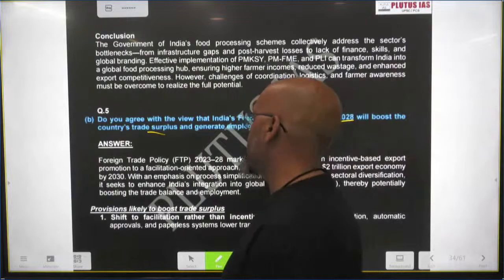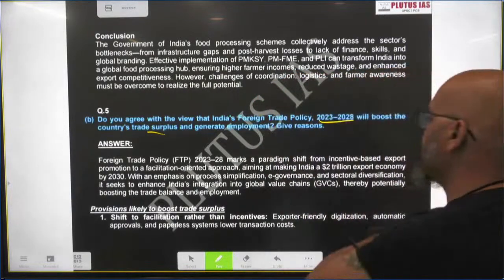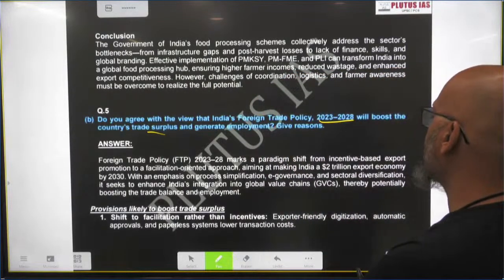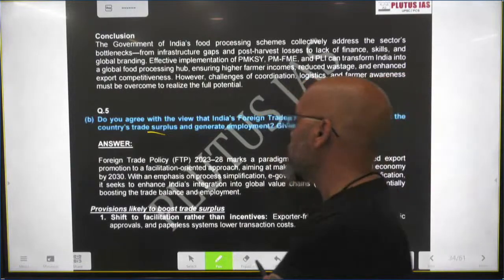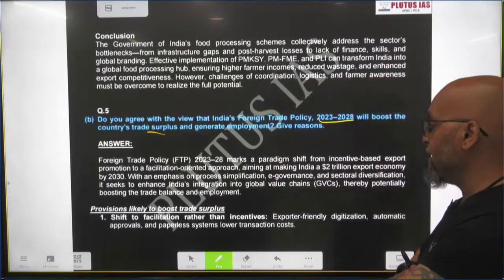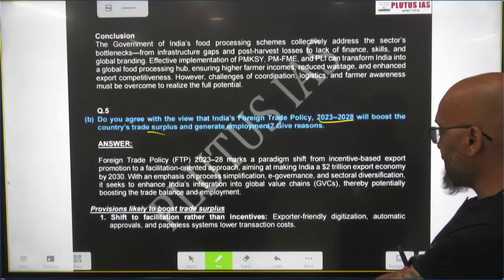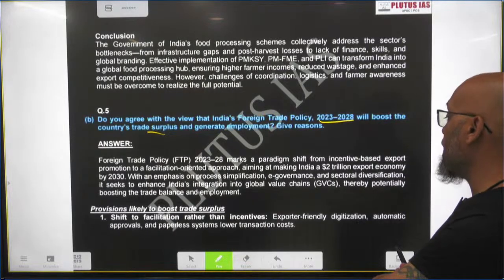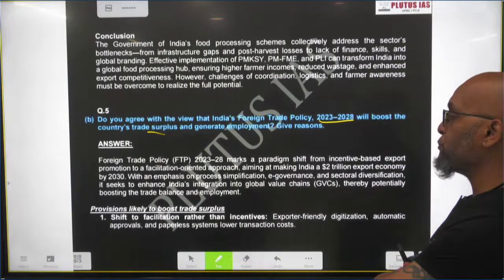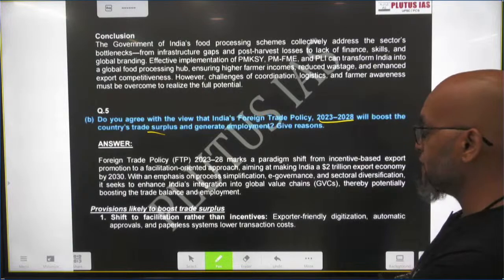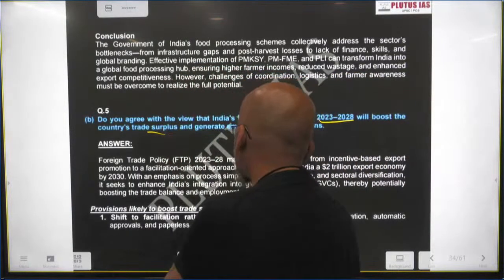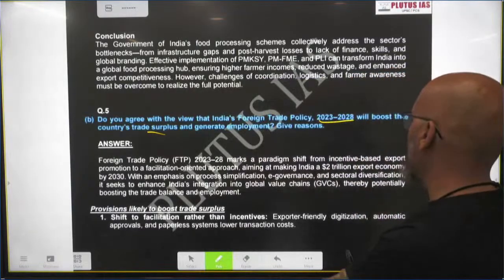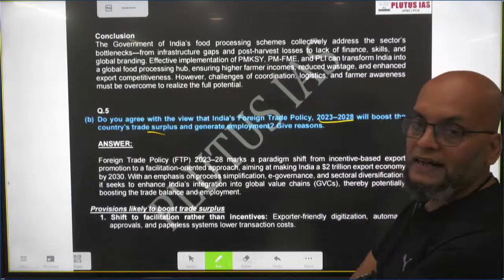Foreign Trade Policy 2023-28 marks a paradigm shift from incentive-based export promotion to a facilitation-oriented approach, aiming at making India a 2 trillion dollar export economy by 2030. That's the vision, with an emphasis on process simplification, e-governance, and sectoral diversification.